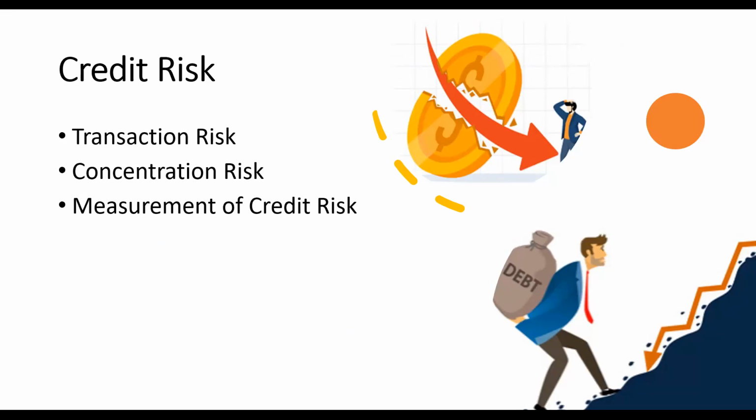Transaction risk comes into place when the organization is affected by changes in the cash flow due to exchange rate. Think that you are supposed to receive a certain amount of money, and there was an exchange rate change, and because of that, you are receiving less money.